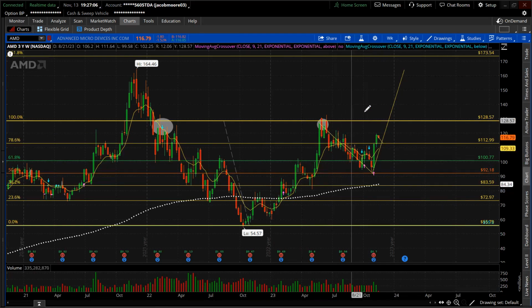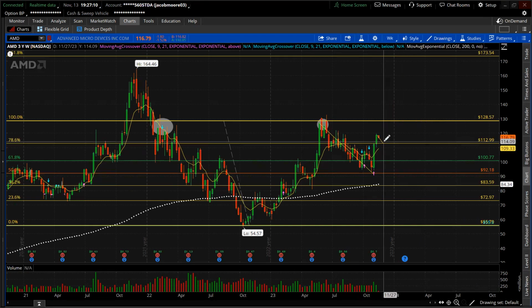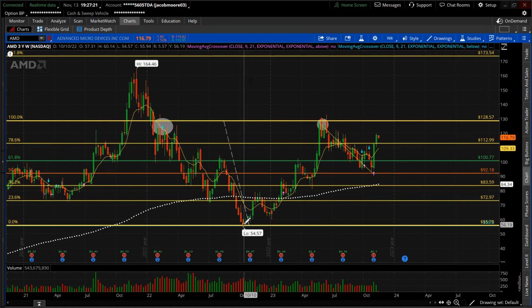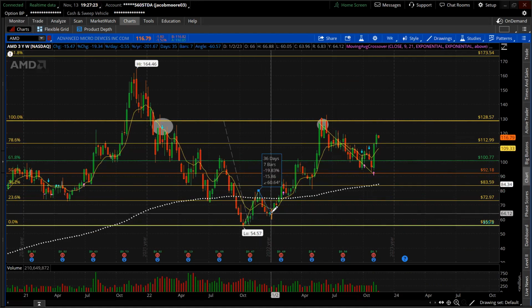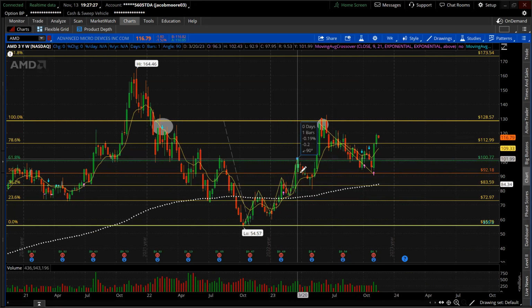We also have what's called an Elliott wave, which Brandon will teach at a later date, but that's something else we can look at. A higher high and a higher low is an Elliott wave.